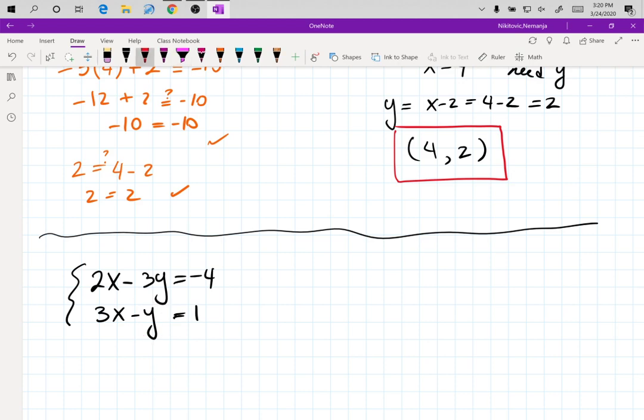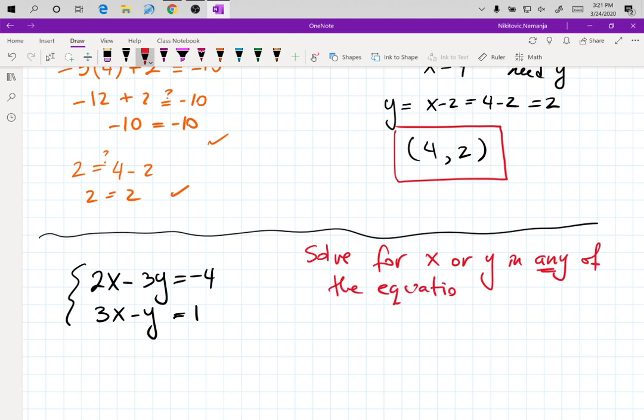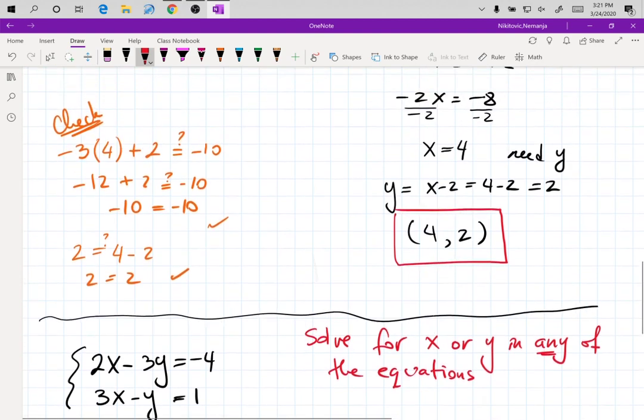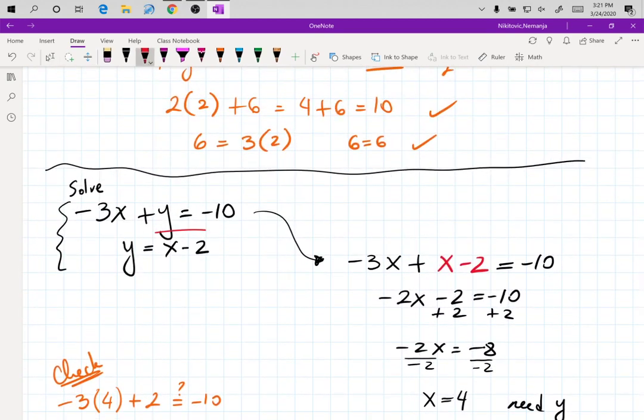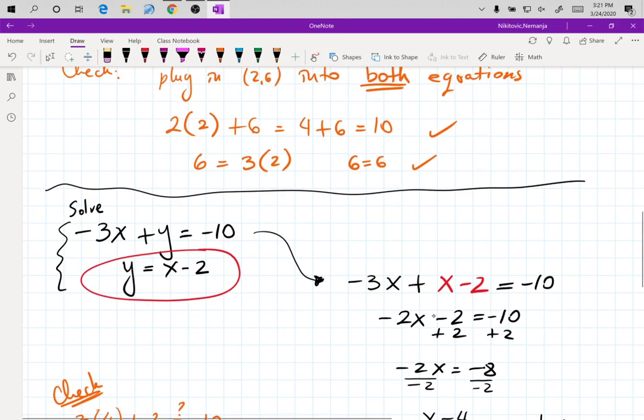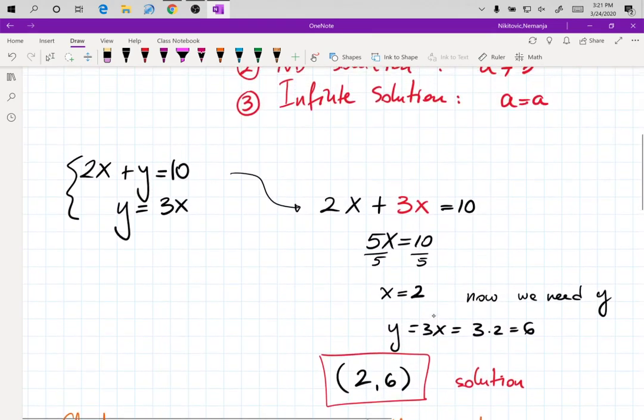So now the first step is solve for x or y in any of the equations. See, previous two problems gave us already solved. So previous two problems were easy.